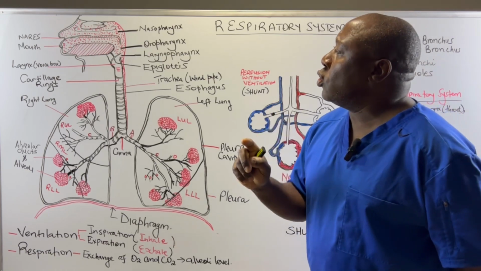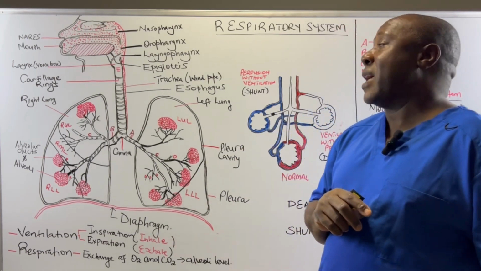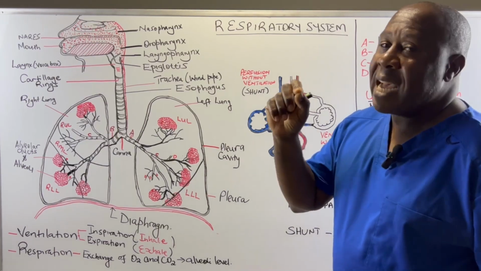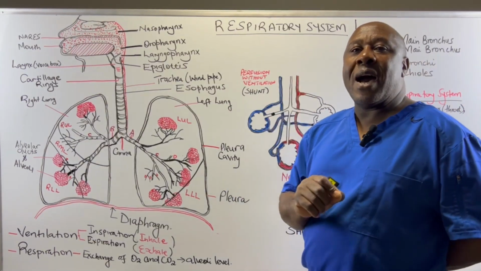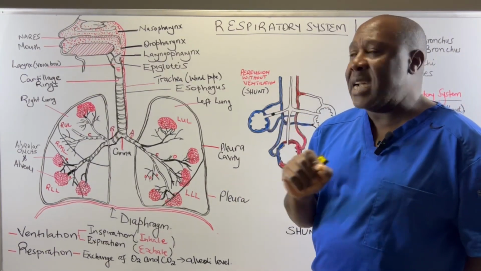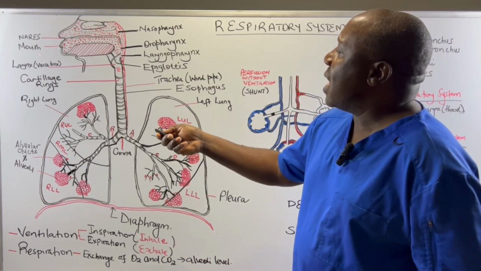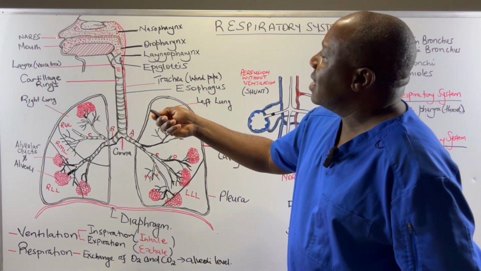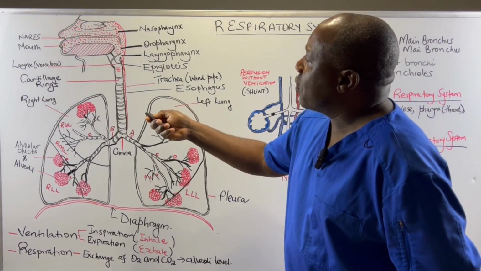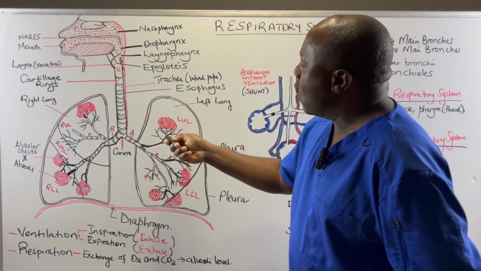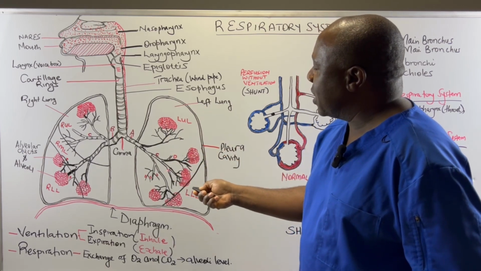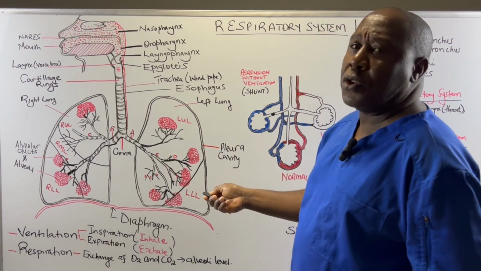We have two types of dead space: anatomical dead space and alveolar dead space. Anatomical dead space refers to all the parts that run from the nose and the mouth all the way to the respiratory bronchus.